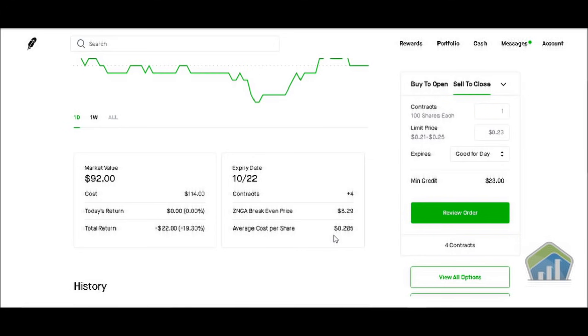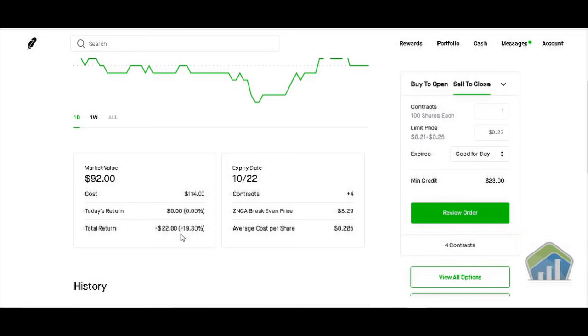So the cost is $114, and the market value right now is $92. So yes, it has dropped in value as well. We spent $114, it is now $92. Most people say, oh my God, you're down, right? So total return right now is negative $22, and negative 19.30%, right?